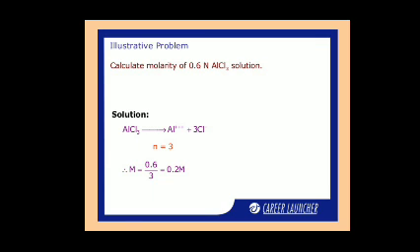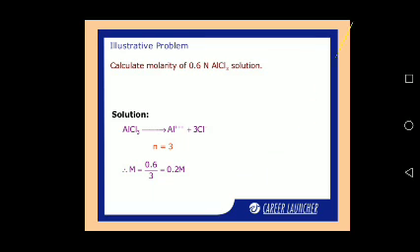Therefore, normality is equal to molarity into charge, so molarity is equal to normality by charge, 0.6 by 3, that is equal to 0.2 M. AlCl3, charge on aluminum 3, normality 0.6 N. Then molarity is equal to 0.6 by 3, that is 0.2 M.